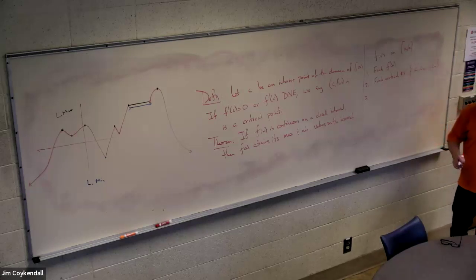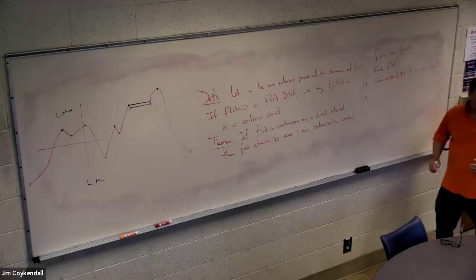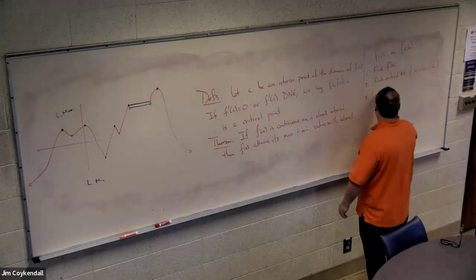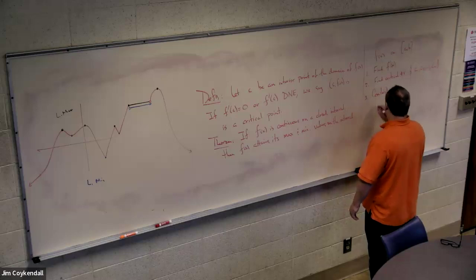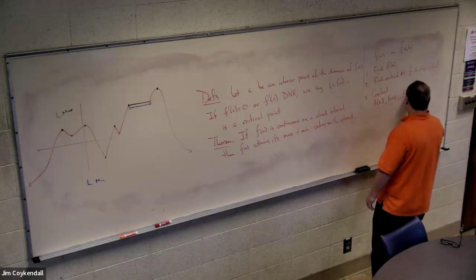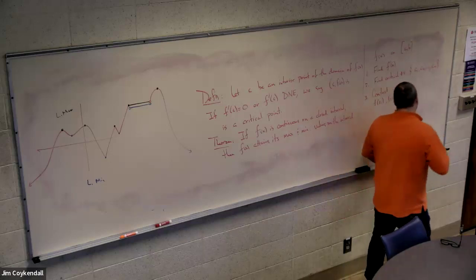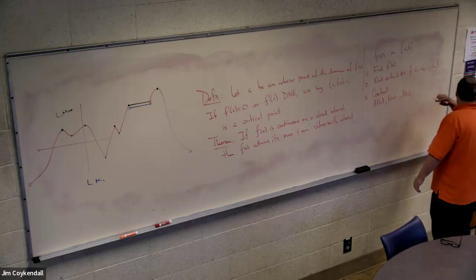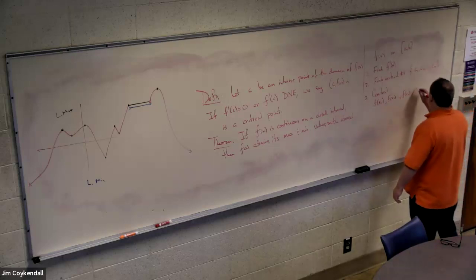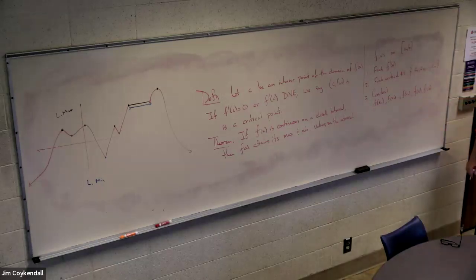So all you got to do at this point, once you've found the critical numbers, is plug them in. F of C1, F of C2, F of Cn. Plug these into the original function, of course, not the derivative, because the derivative is 0 or doesn't exist there. And plug in the endpoints.